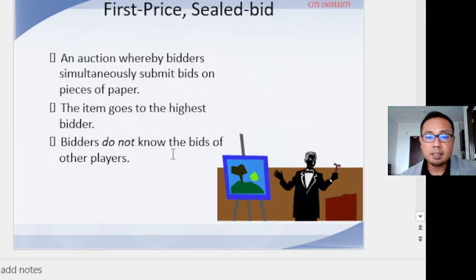And this is the first price sealed bid. It's an auction whereby bidders simultaneously submit bids on pieces of paper, and the item goes to the highest bidder. Bidders do not know the bids of other players, so this is not really open information for all bidders.